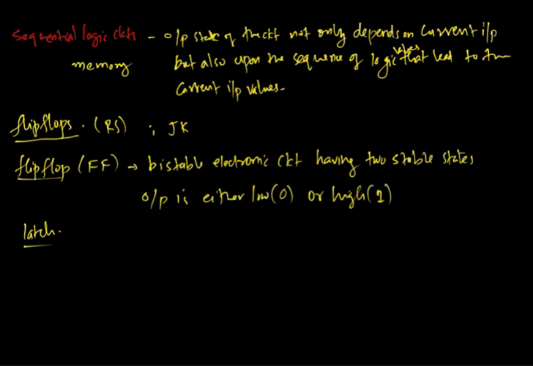We will discuss the latch using NOR gates first. Please consider NOR gates in this way. Two NOR gates are connected as shown here. The output of one of the NOR gates is connected to the input of the other.